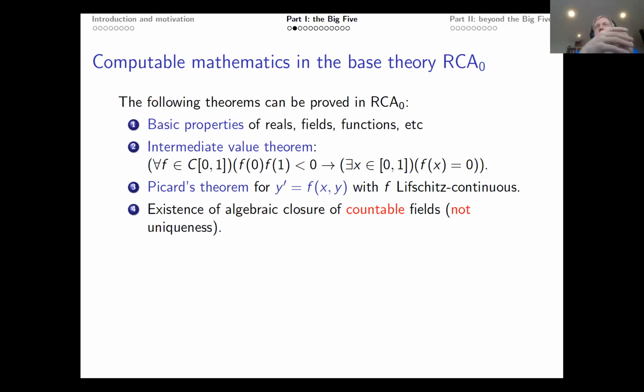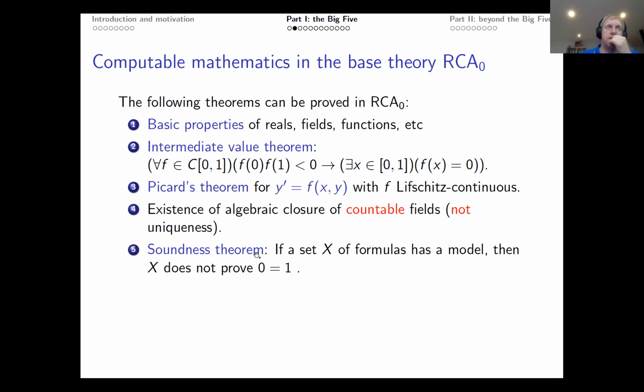They exist, but they may not be unique. The soundness theorem of logic: if a set of formulas has a model, then it's consistent. It does not prove 0 equals 1. That's computable. Some functional analysis even, the Banach-Steinhaus principle, if you know what that is.